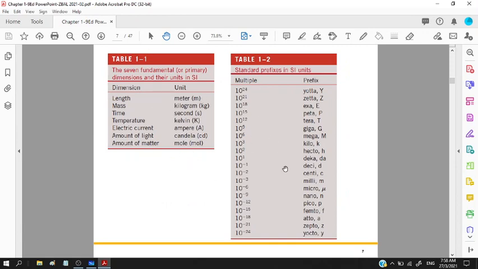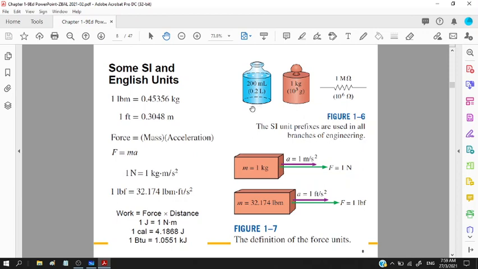And this is the prefix that we can use to represent very large or very small numbers that are involved in thermodynamics. Okay, usually we use deci, centi, milli, micro for decrements in values. But for bigger values, we usually use kilo, mega, giga, tera, and etc.